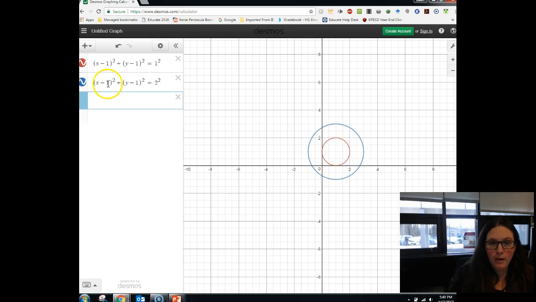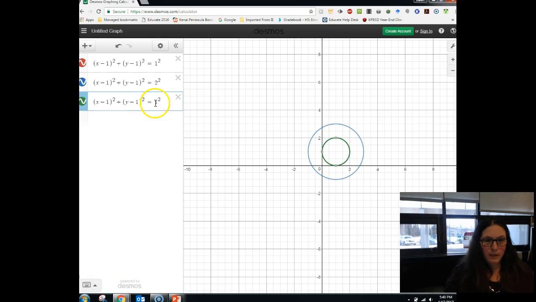Notice it's positive 1, positive 1, because the formula tells us that it's x minus h and y minus k. So the negative sign there doesn't affect the value of where it's centered. So you can see it's still centered at (1, 1), except the blue circle has a radius of 2, whereas the red circle only has a radius of 1.